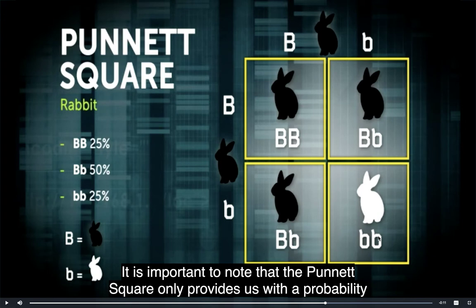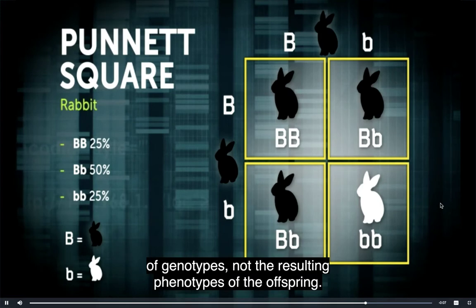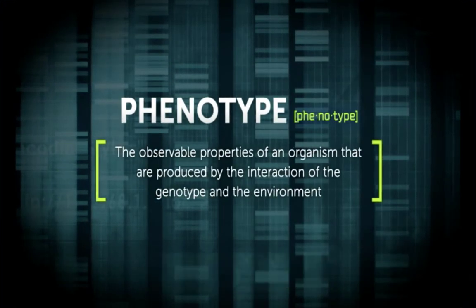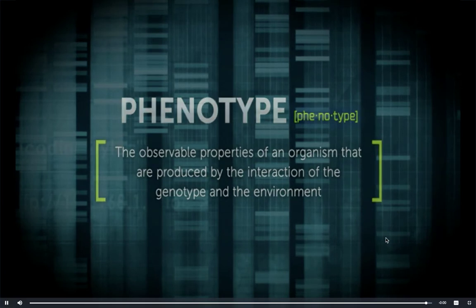And then again, there's a 25% chance that the offspring will have lowercase b, lowercase b, or have a white coat. It is important to note that the Punnett square only provides us with a probability of genotypes, not the resulting phenotypes of the offspring. Remember, phenotypes are a result of how different genotypes are expressed.